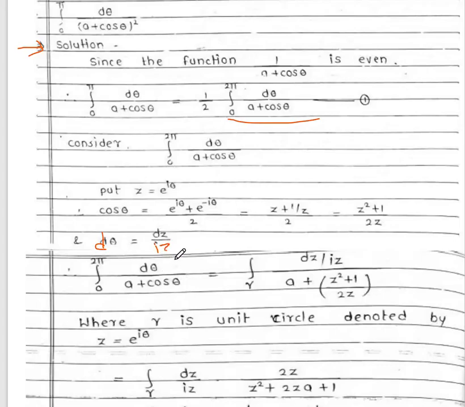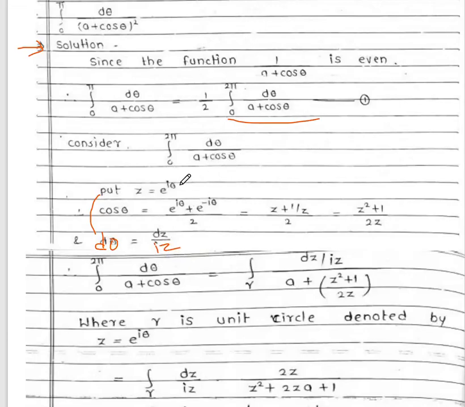The derivative with respect to theta of e raised to power i theta is e raised to power i theta into i. So therefore after solving we will get d theta equal to dz upon iz. Now we will put all these values in this integral.